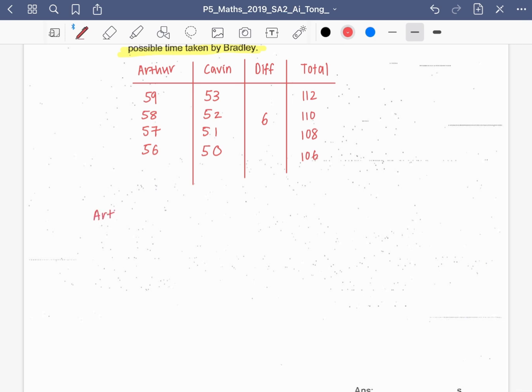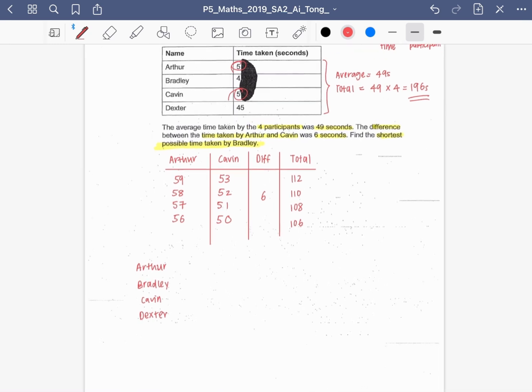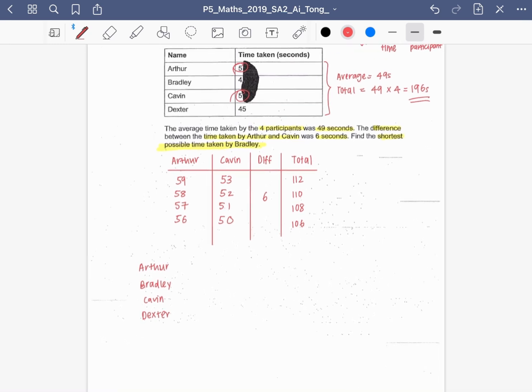Arthur, Bradley, Kevin, and Dexter. Okay, so now our aim is to find Bradley, the shortest possible time taken for Bradley. So Arthur.